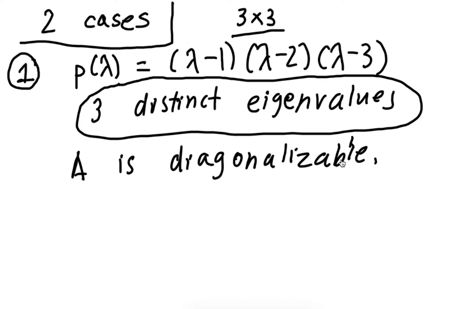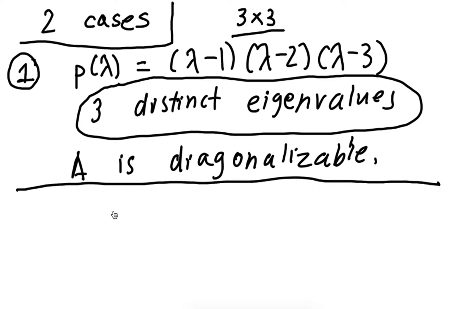And why is that? Well, the explanation is a little bit more convoluted, but there is a theorem that says that the algebraic multiplicity is always greater than or equal to the geometric multiplicity. So let's remind ourselves what the algebraic multiplicity means for a characteristic polynomial.